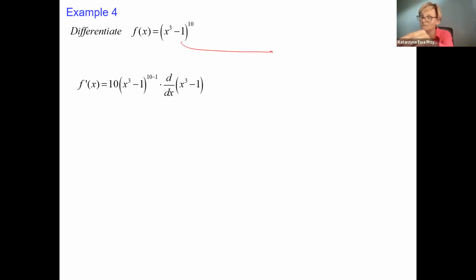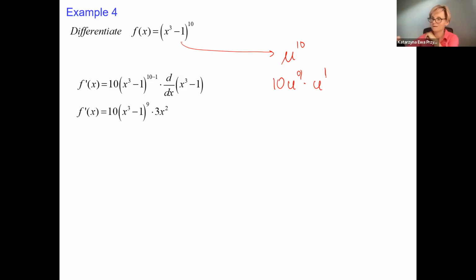You may think of it as u to the power of 10. The derivative of u to the power of 10 is 10 times u to the power of 9 times u prime. The derivative of x cubed minus 1 is 3x squared.